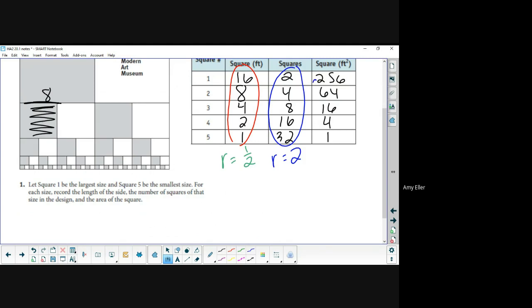You might think, I don't really know what I need to multiply to get that. 256 times what gets me 64? Well, the easiest way to get that unknown is to think of division. So 64 divided by 256 is, what do you get, Charlie? 0.25.